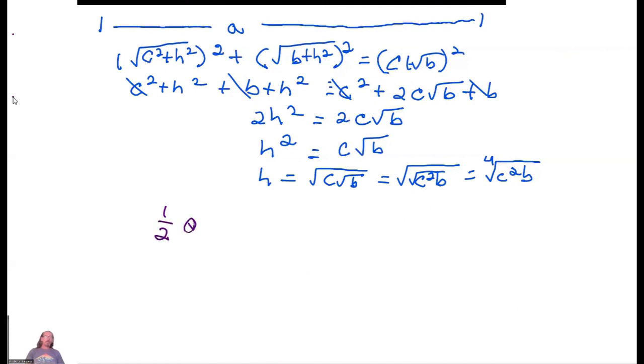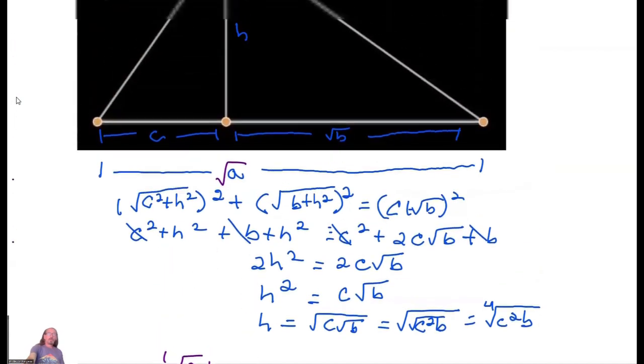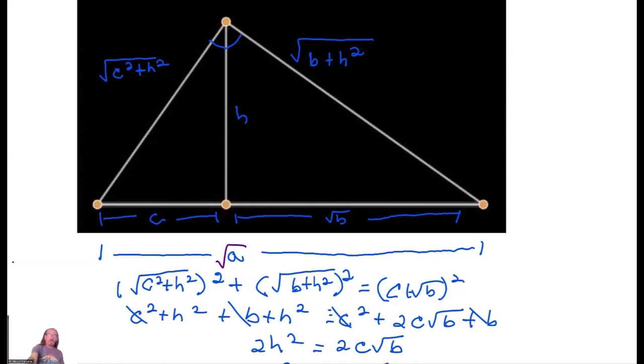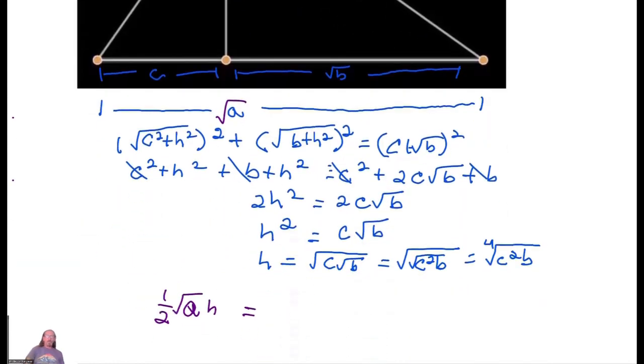All right, so 1/2 times the square root of A times H should equal the product of these two hypotenuses from the two subtriangles on the left and the right, but now we're taking them as base and height of a larger overall right triangle.